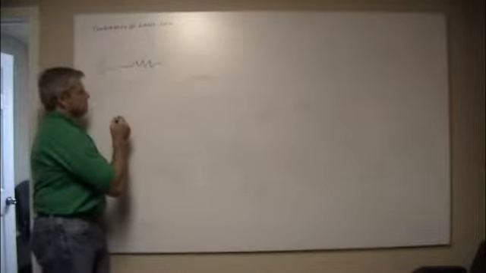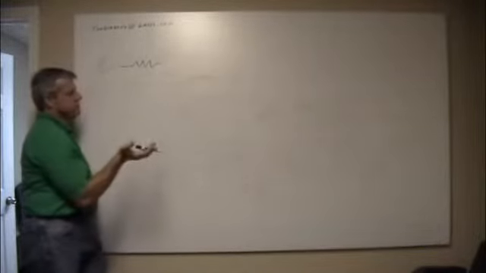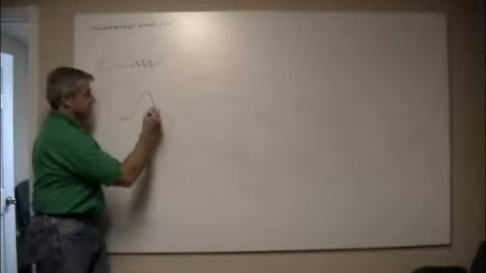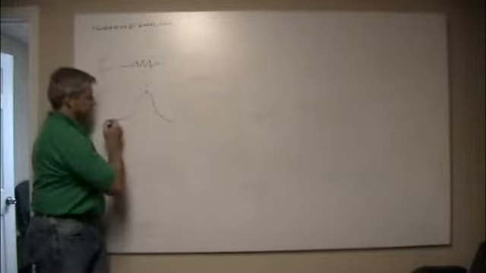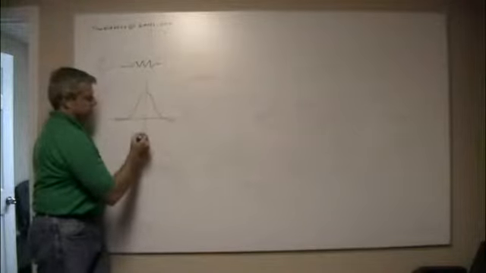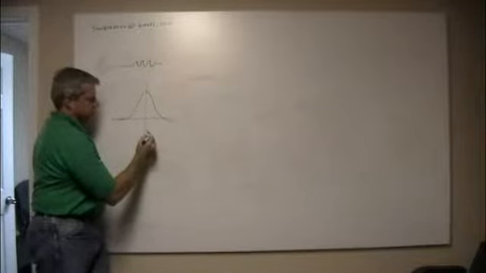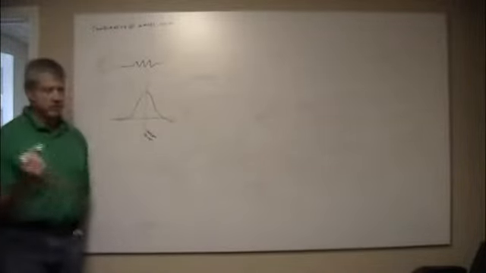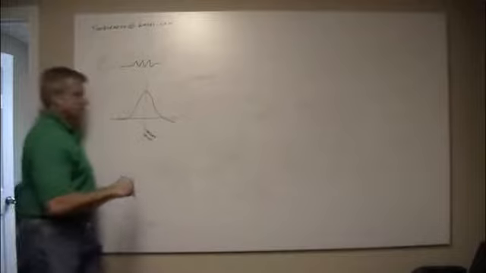If you make any component, there's usually a distribution curve, right? A Gaussian curve around the middle, and this is my target value. Let's say I want to make a 1 ohm resistor because that's nice and easy.